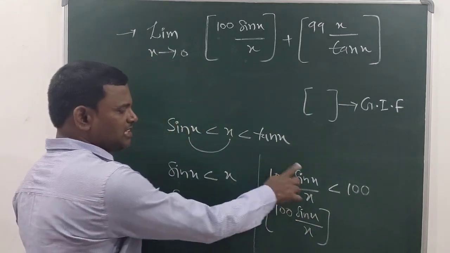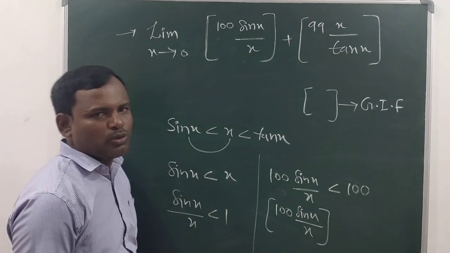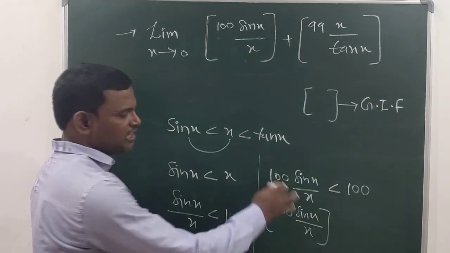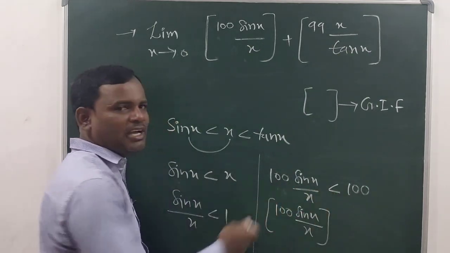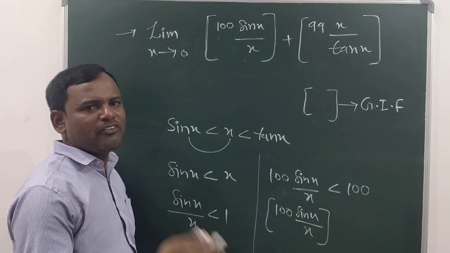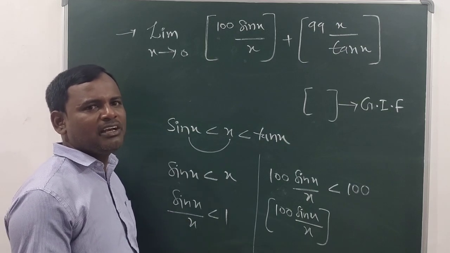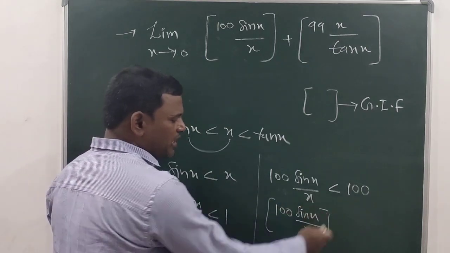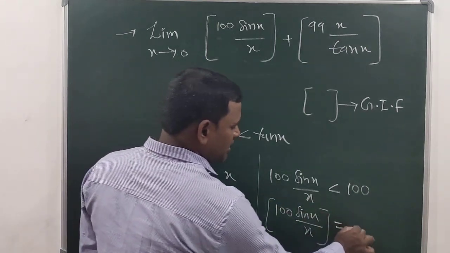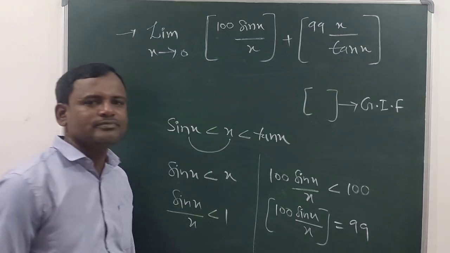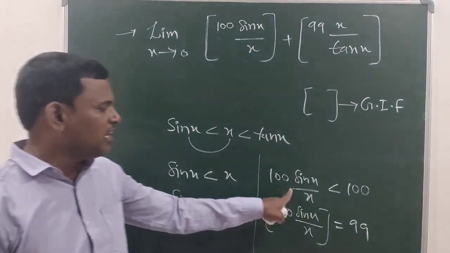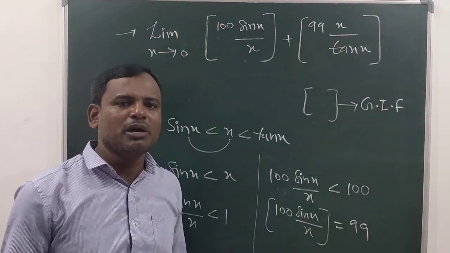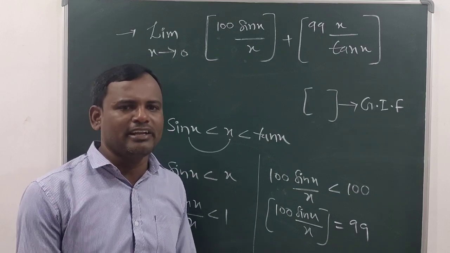Actually it is saying that this value is very close to 100 from the left side. It is smaller than 100, so how much can it be? Very close to 100 from the left side, approximately 99.999 something. But when you take its greatest integer value, it becomes 99. Am I right? This value is smaller than 100, meaning 99.999.